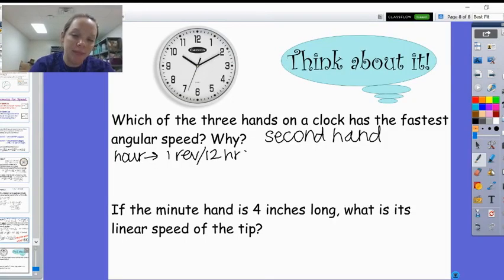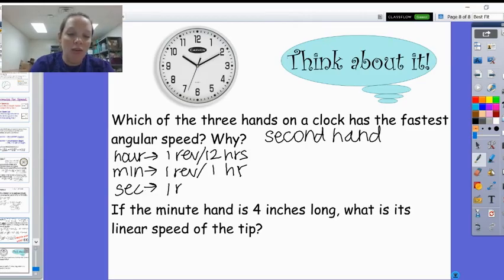The minute hand, how long does it take to go around the circle one time? It only takes 1 hour. The second hand, it goes around the whole circle in how long? Well, it only takes a minute.